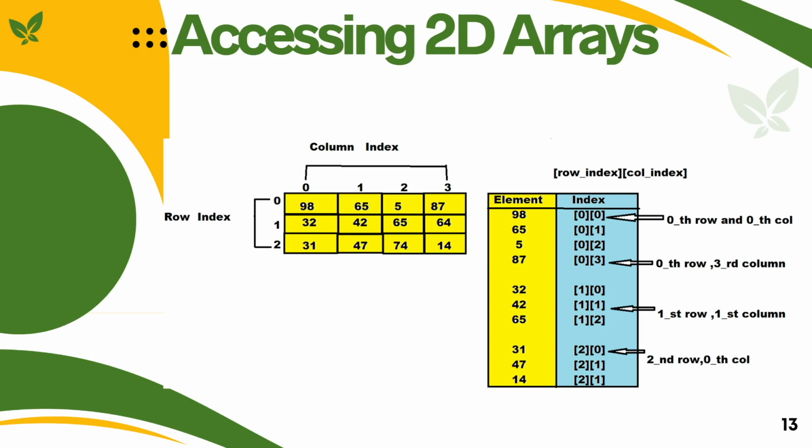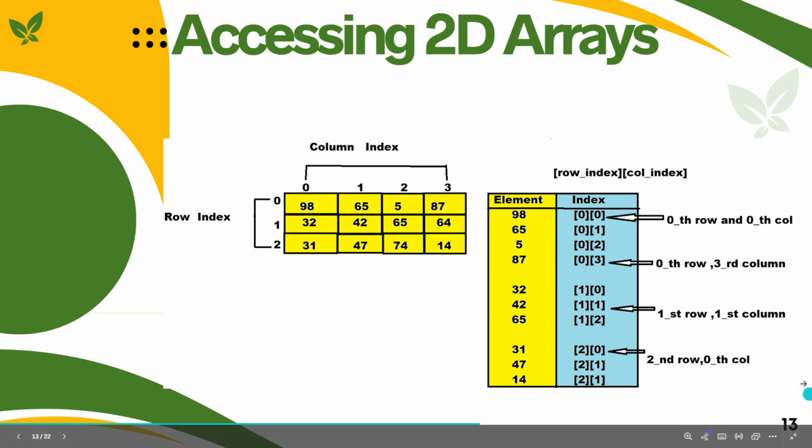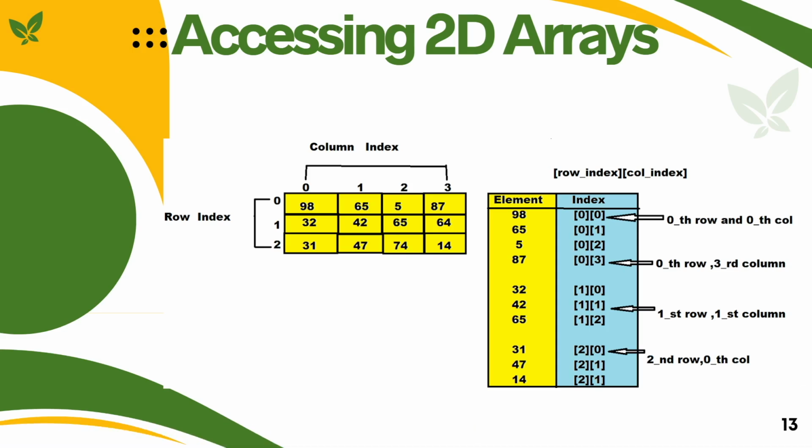In this example you could see I have 3 rows and 4 columns. Altogether the array contains 12 elements, and you could see that all the elements of the first row would be placed at consecutive locations first, followed by all the elements of the second row placed in consecutive memory locations, followed by the third row. That would be the arrangement of elements in a 2 dimensional array in memory.